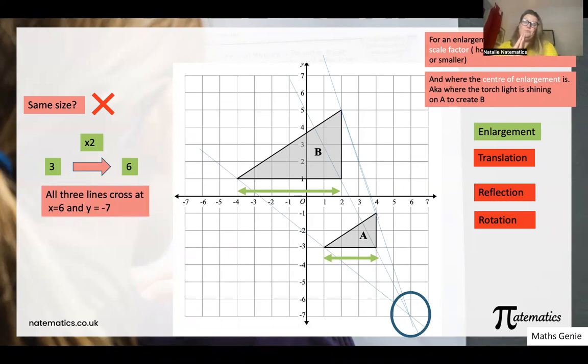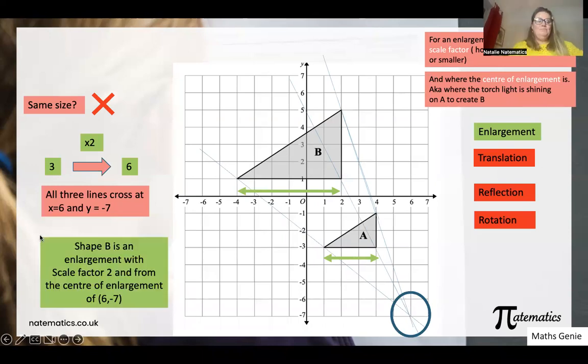So that's where the torch must have been to create that B where it was from the A shape. So therefore, again, we go X first, so X 6, and Y is -7. And so we show that as written there. So shape B is an enlargement with scale factor 2, and from the centre of enlargement of (6, -7). That's what you need to give.